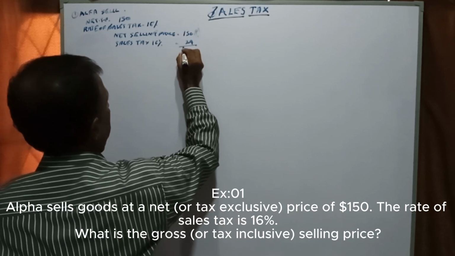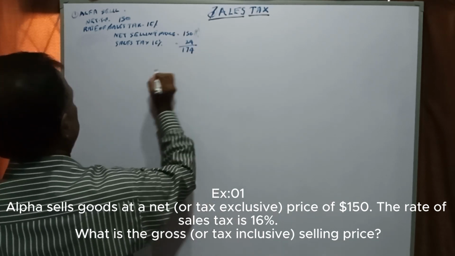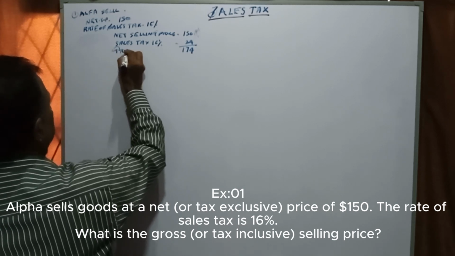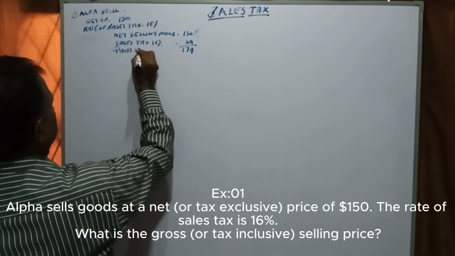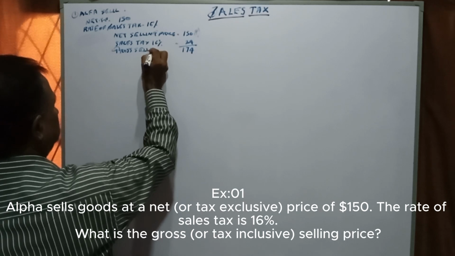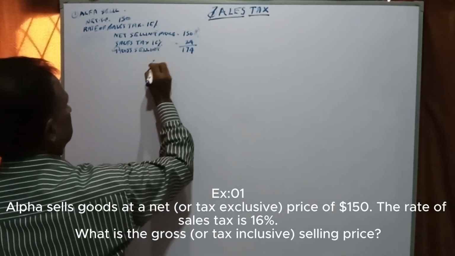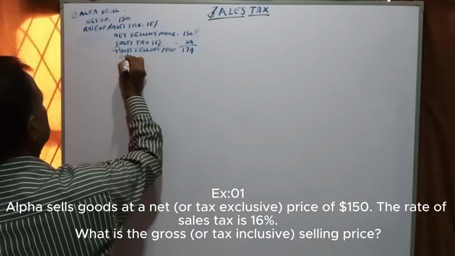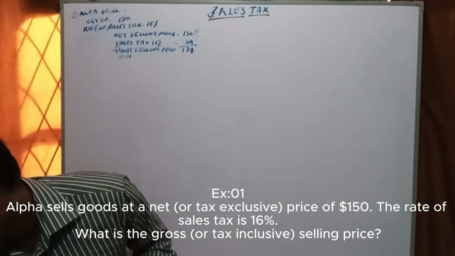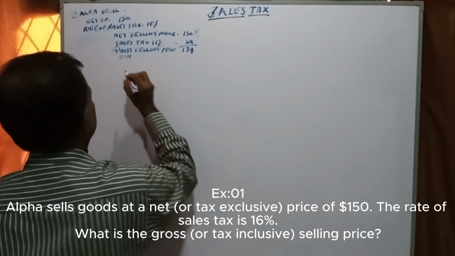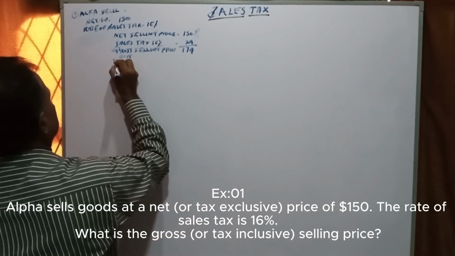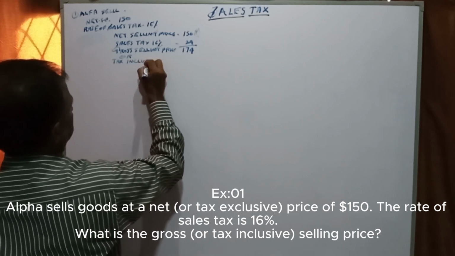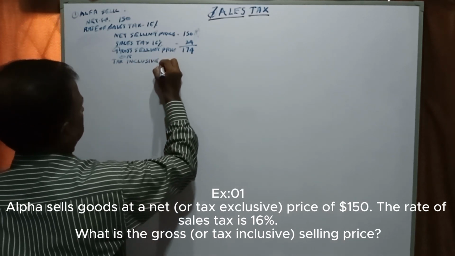It has to be added. 174. 174 is the gross selling price, or tax inclusive price.